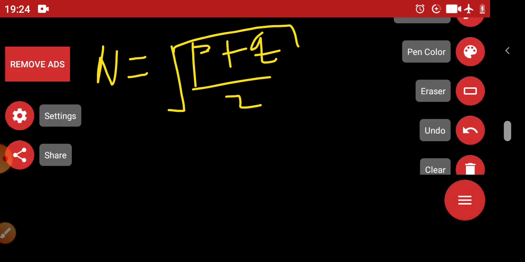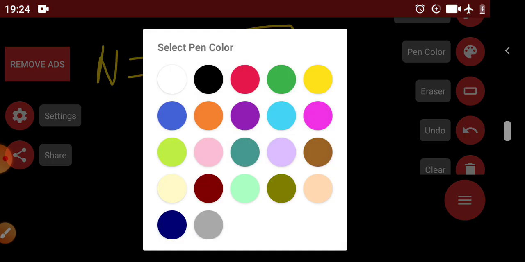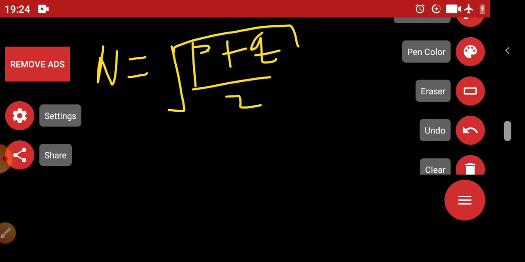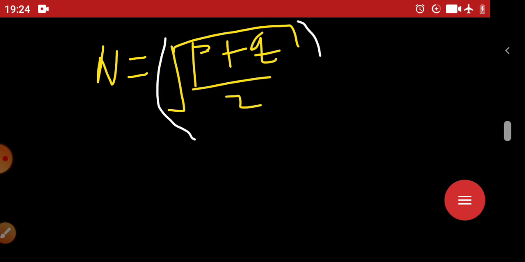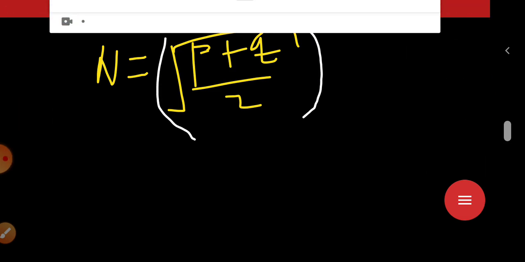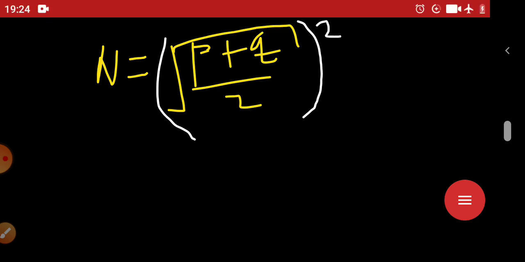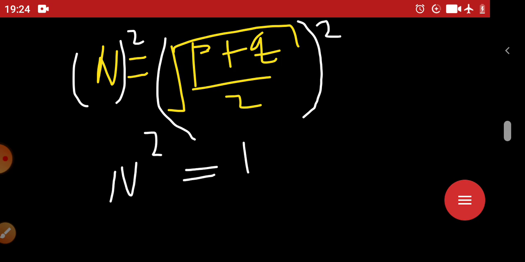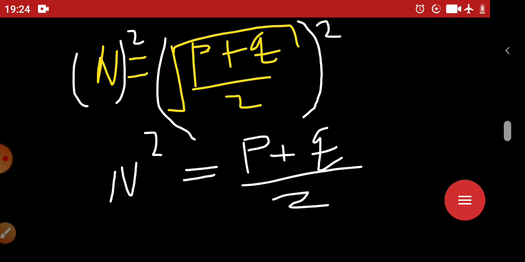So here the first step is to remove the square root. So you remove a square root by squaring. So we need to square both sides. So we'll have n squared is equal to, because here we have removed the square root, p plus q all over 2.